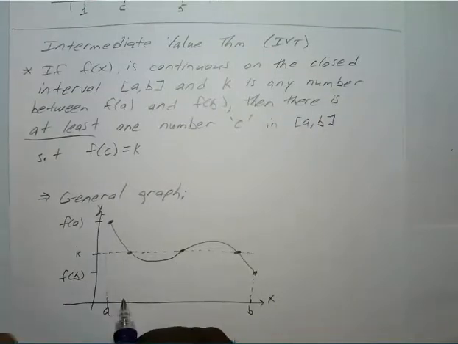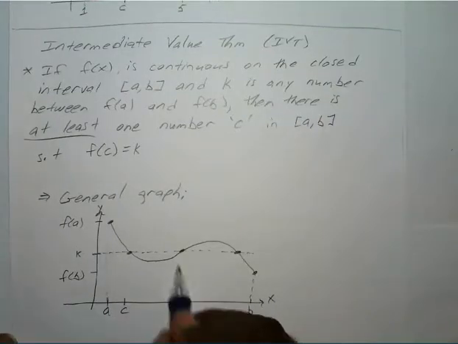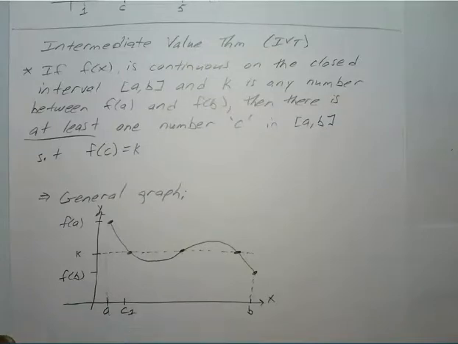This c value we'll call c number 1, this one c number 2, and this one c number 3. So just because it says at least one doesn't mean there's only one. It could be more, depending on the graph.